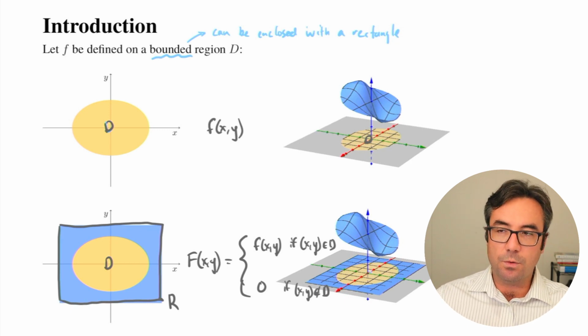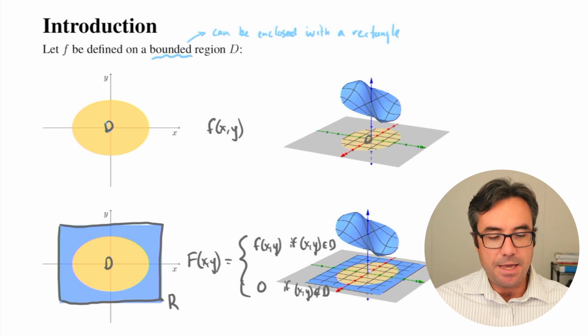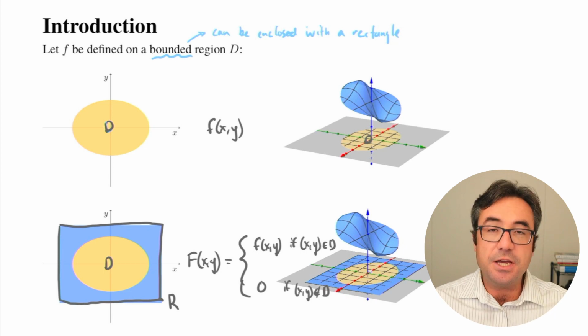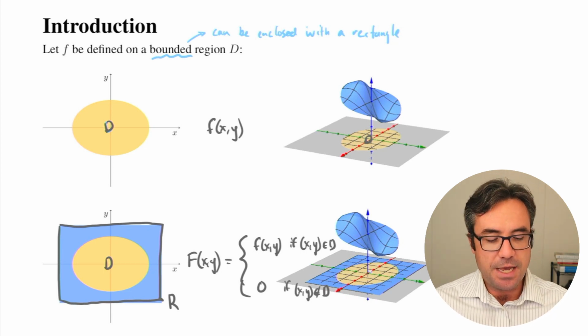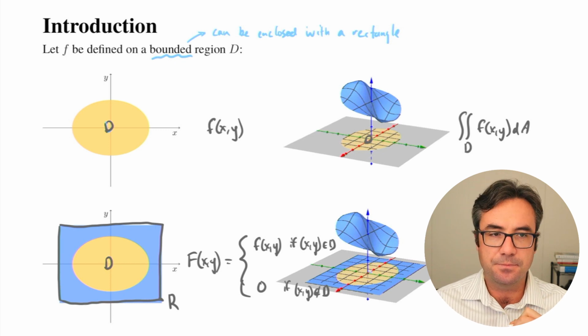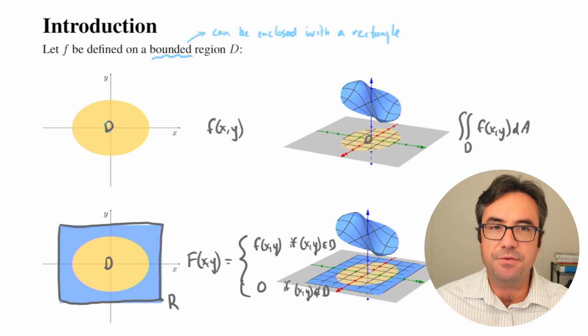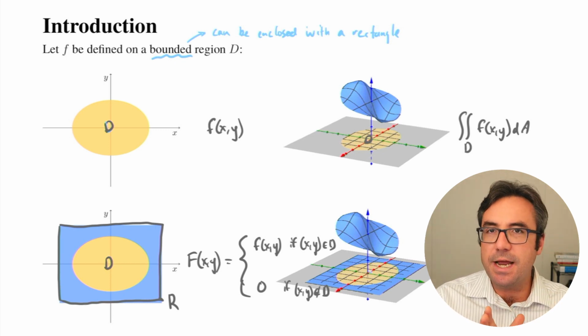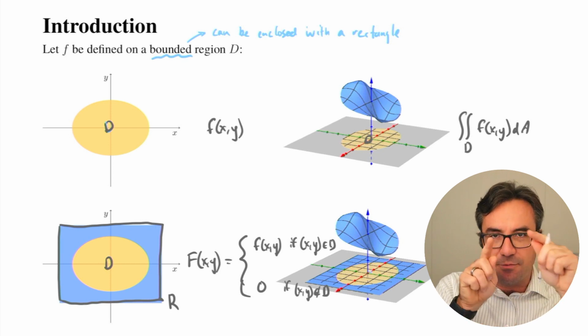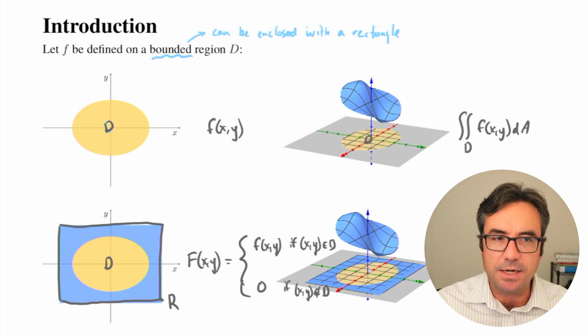The question here is, how do we calculate the double integral of a function over a general region D? Because when we went through the definition, we had our rectangular region, and then we broke it up into a whole bunch of little sub-rectangles.